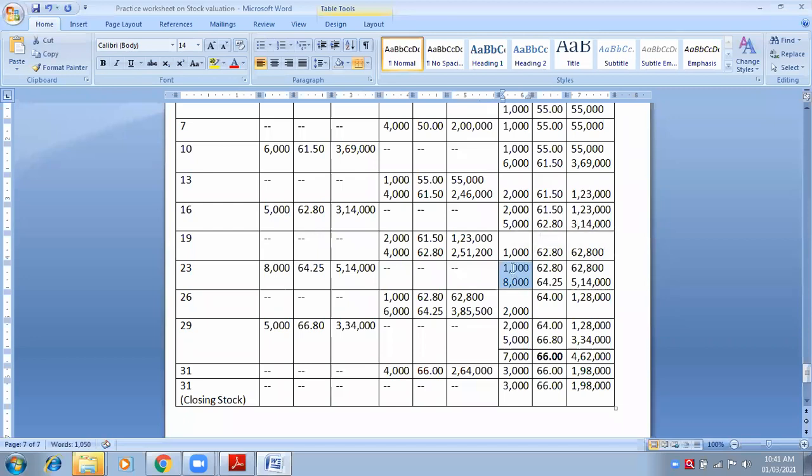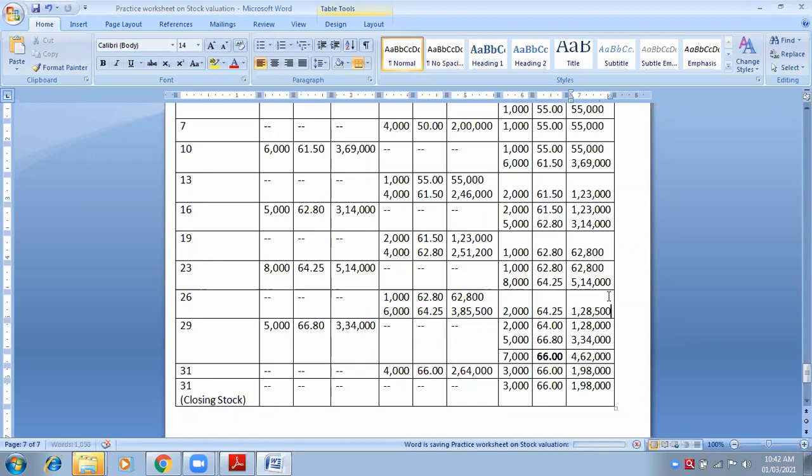Now 1,000 is over. Out of 8,000, 6,000 is issued. What is left over is 2,000. What is the rate of 8,000 units? 64.25. And what will be the amount? 2,000 into 64.25. What should be the answer? 1,28,500.